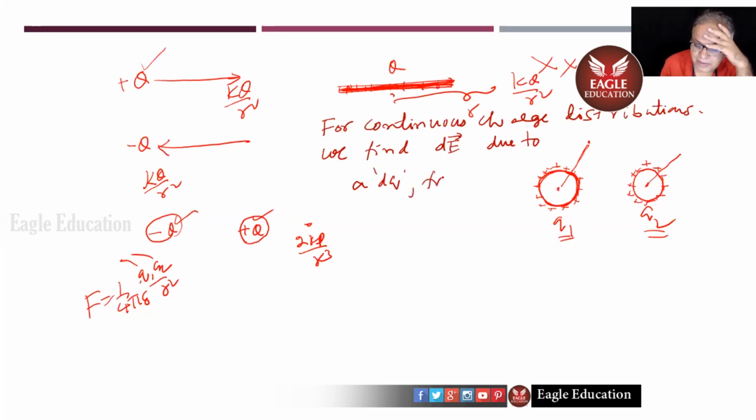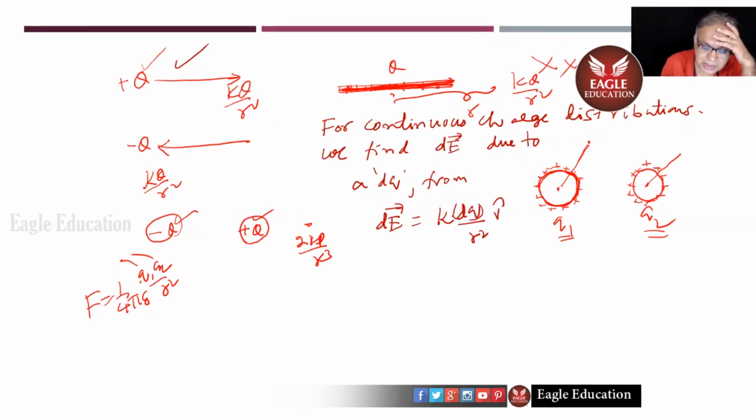From which formula? dE equals k dq by r square, r cap. This is the field of a small dq, which is almost like a point charge.